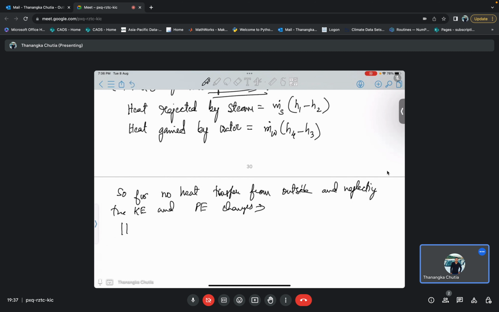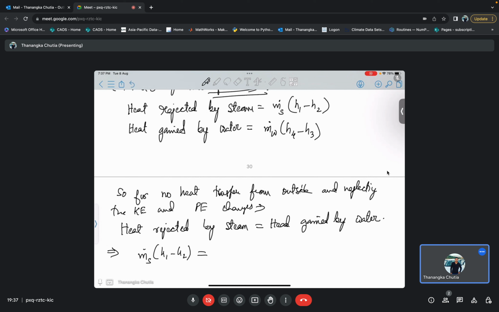Heat rejected by steam must be equal to heat gained by water. Okay, so now heat rejected by steam equals heat gained by water.